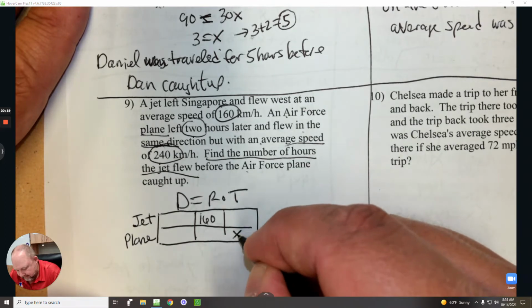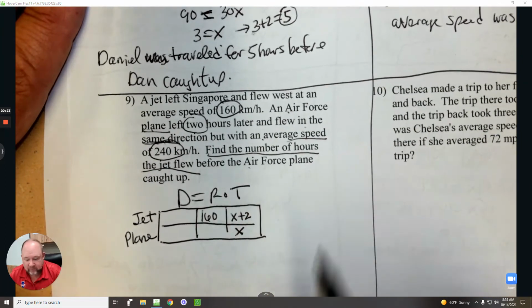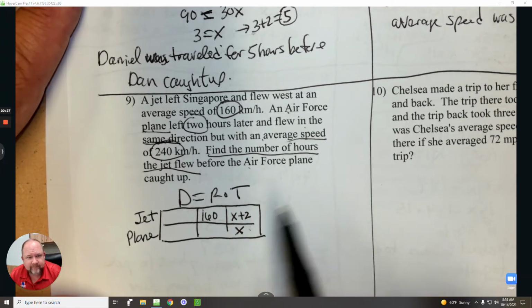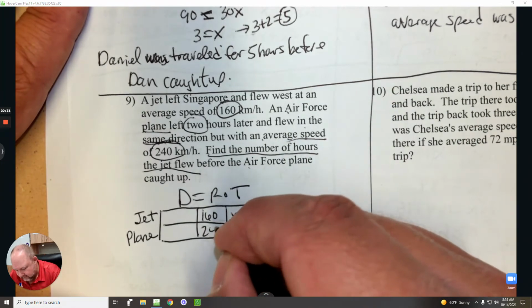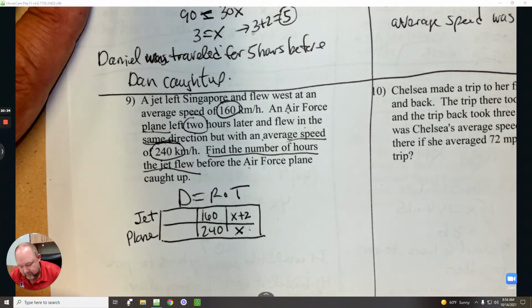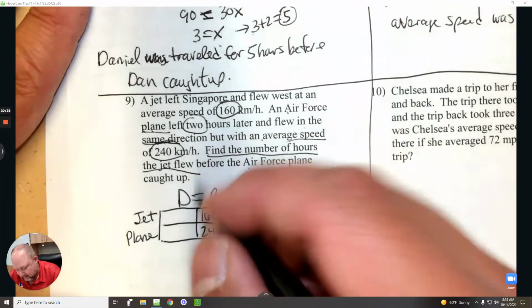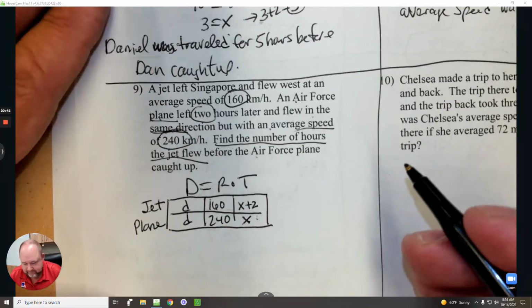So this is the plane, and then the jet has a head start of 2 hours. So the jet has been flying for 2 more hours than the plane, and the plane has an average speed of 240. And the question is, find the number of hours the jet flew before the Air Force plane caught up. So the distance is the same once they caught up.